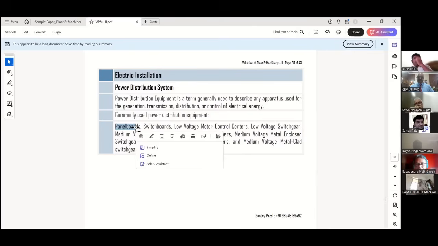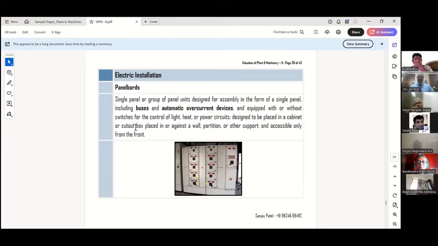So here we are studying the panel board, switchboard, and switchgear. Panel board is a single panel or group of panels designed as an assembly in the form of a single panel, including buses, automatic overcurrent devices, and equipped with or without switches for the control of light, heat, or power circuits.